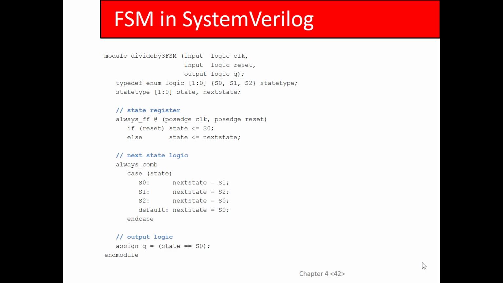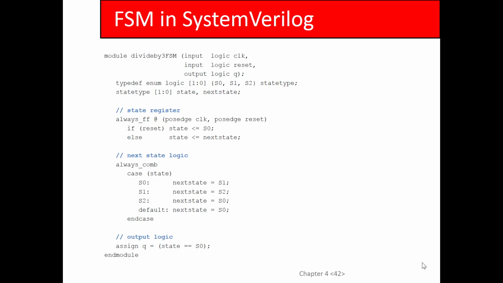So I would have said state equals 1 question mark 1 colon 0, which would have made it explicit, right? Or I would have said always underscore comb, if state equals S2, then Q equals 1, else Q equals 0, right? So I would have made it a ternary or an if statement wrapped in an always block. I would have never done it like that. I don't like that, but that was how the textbook authors did it, or whoever wrote these slides for them.